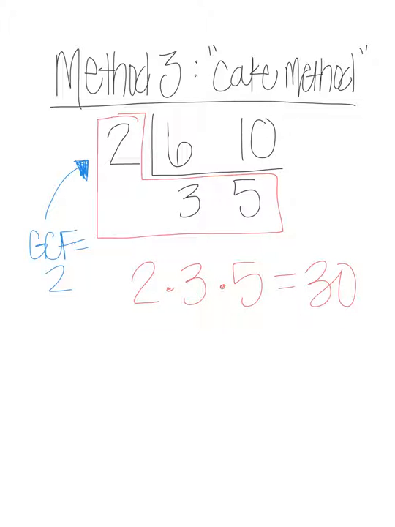So the greatest common factor of 6 and 10 is 2, and the least common multiple is 30. Factors are going to be the same or less, and the multiples are going to either be the same or more.